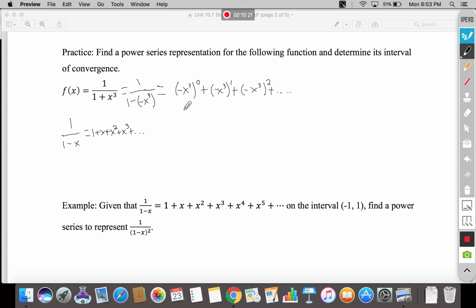So what does this give us if we think about the numbers here? 1, plus negative x cubed to the first power, so minus x cubed. Negative x cubed to the second power, that's going to square that, make it positive, so plus x to the sixth, and so on and so forth, right?